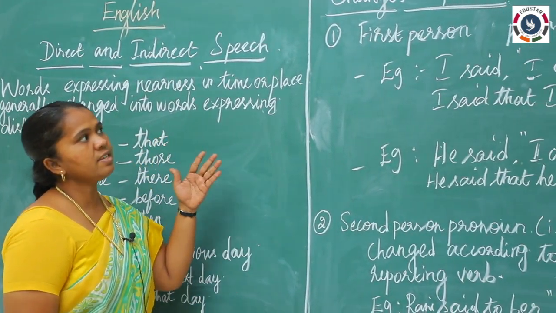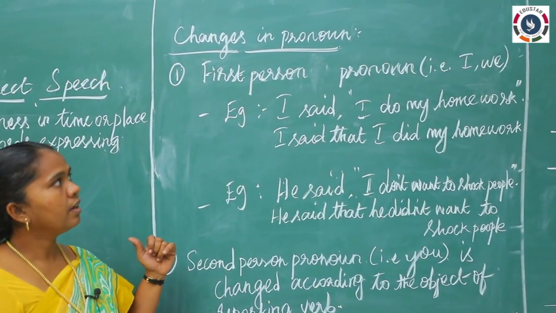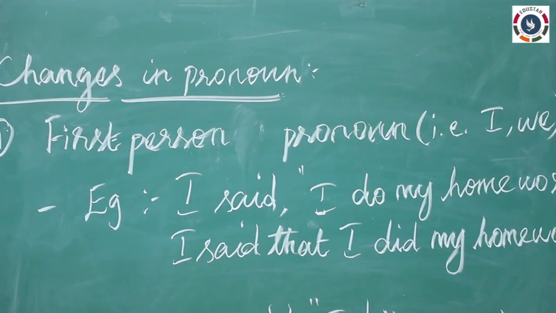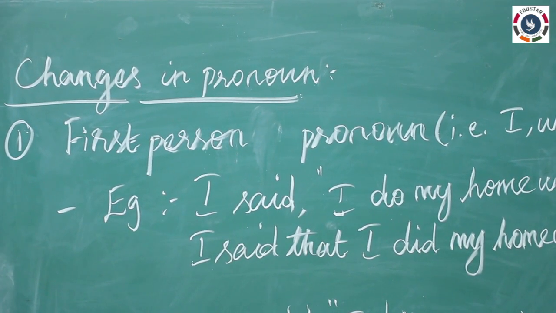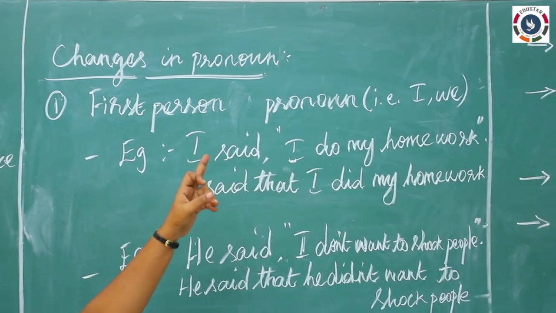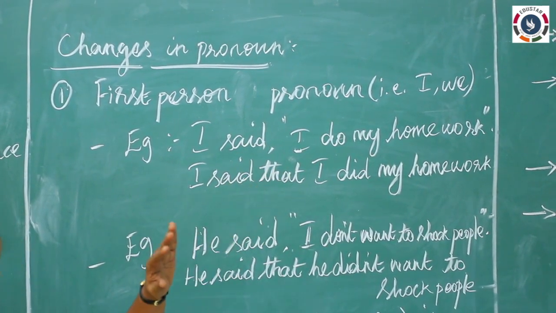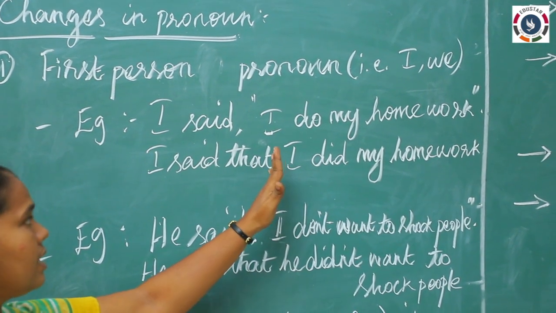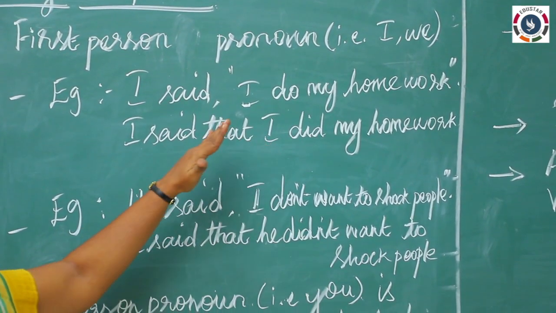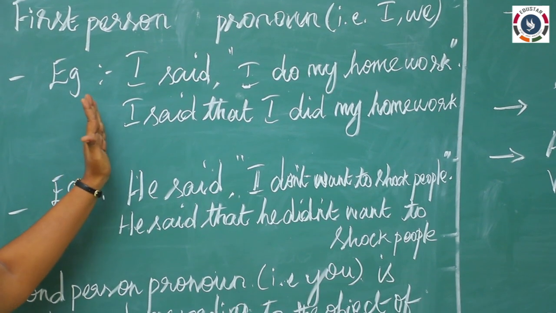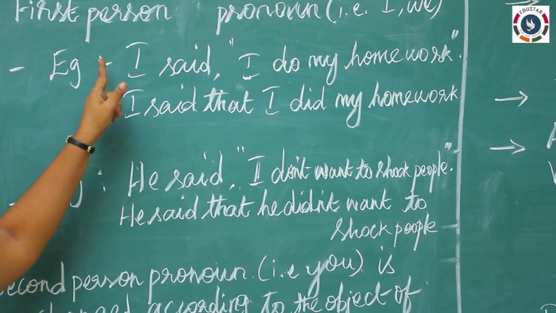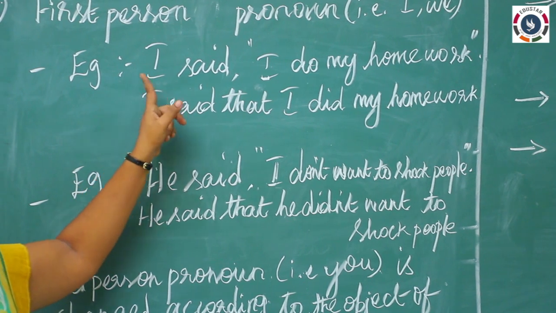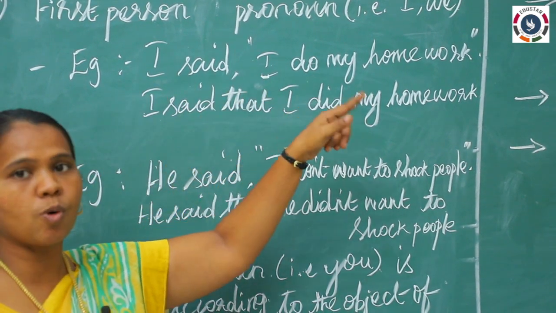And then changes in pronoun. First person pronouns, that is "I" and "we", will not change in the indirect speech if that "I" or "we" is also present in the reporting clause. I have given an example here. I said, "I do my homework."